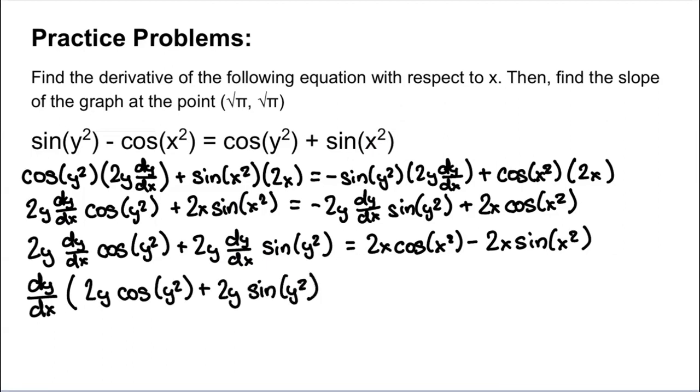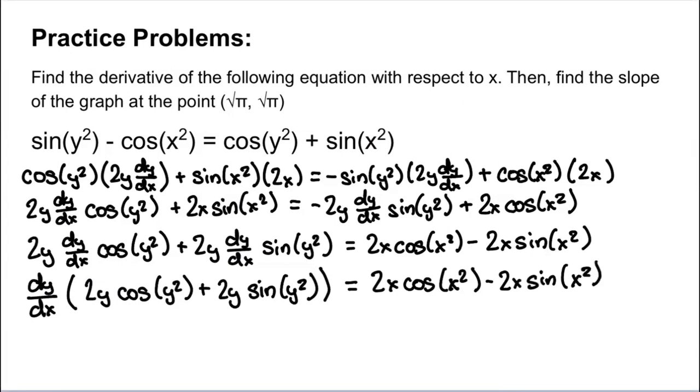You cannot combine these terms because cosine and sine are different functions. You cannot combine them. They are not like variables. And then this is going to be all equal to 2x cosine x squared minus 2x sine x squared.